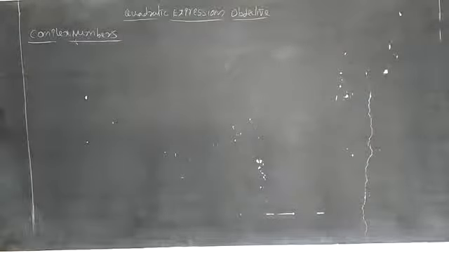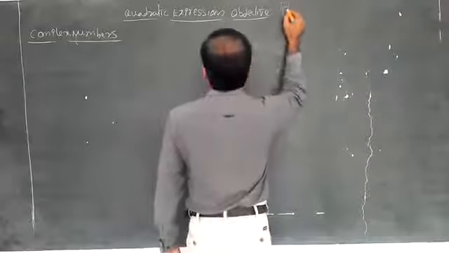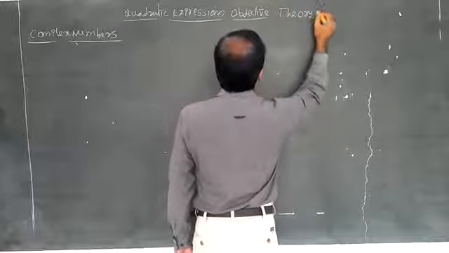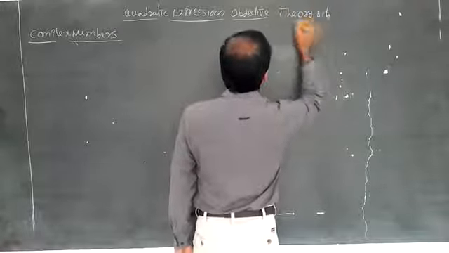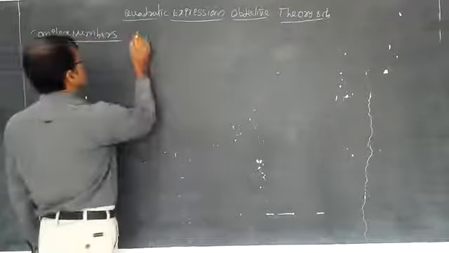Today I want to discuss with you theory bits or CUQ in the quadratic expressions topic. Quadratic expressions objective theory bits. First of all, we should learn about complex numbers.